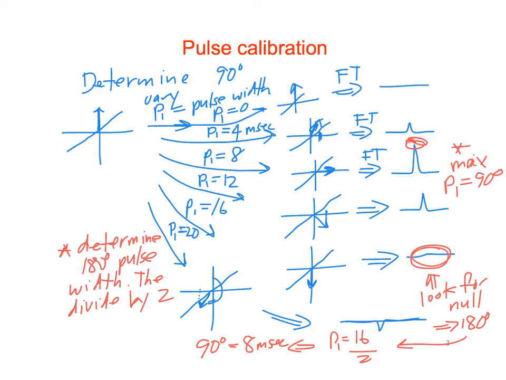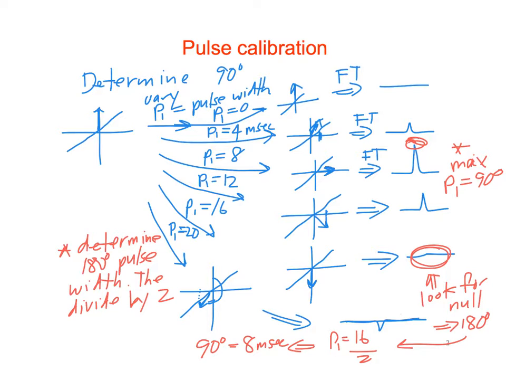So you can either do this one at a time, or the spectrometers now have a special experiment, and you'll tell it, I want to start with this amount of time, this is where I want to end, and I want to do X number of increments, right? And then it'll just run all of those, plot them all out together, and does it all in one sequence of experiments.